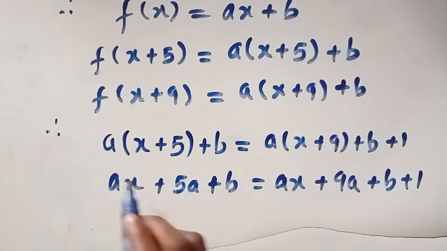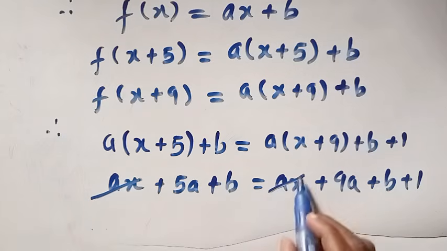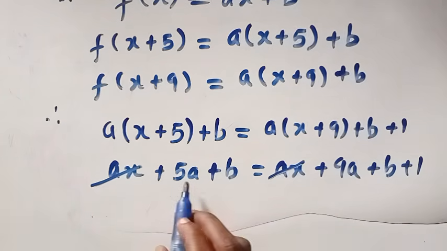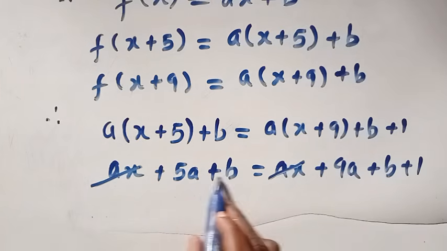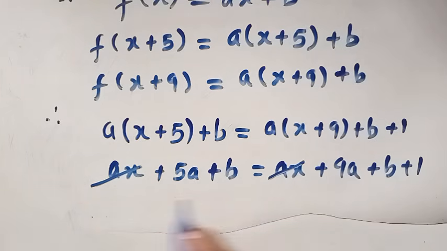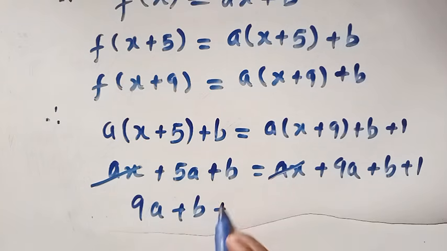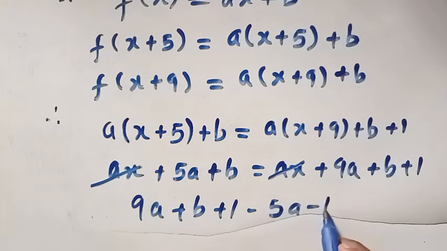By this, plus ax cancelled on both sides. Then moving the whole of 5a plus b to the other side, we have 9a plus b plus 1 minus 5a minus b, everything equals 0.